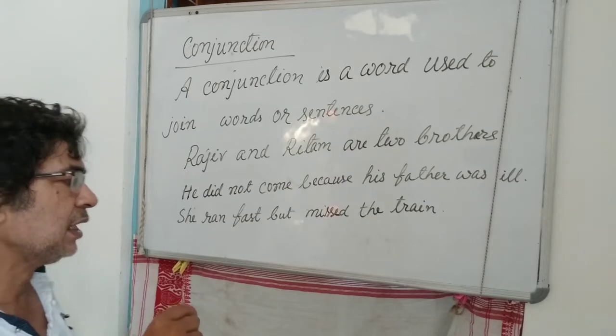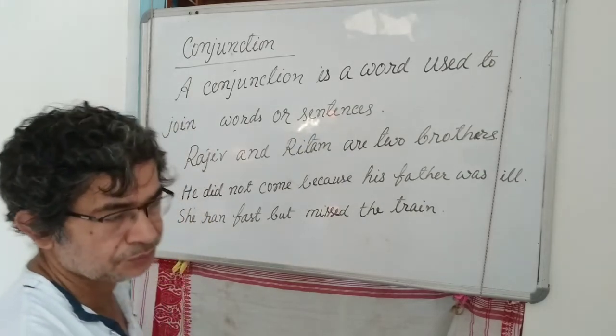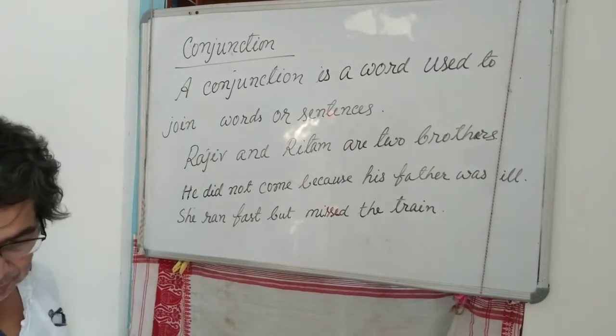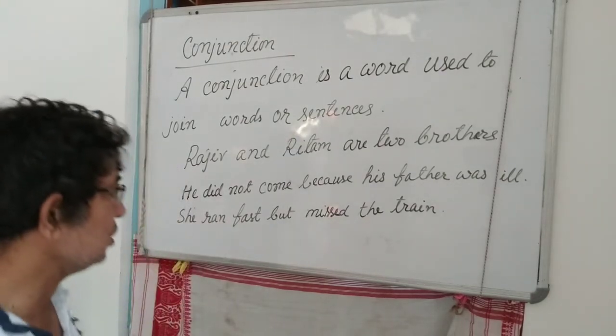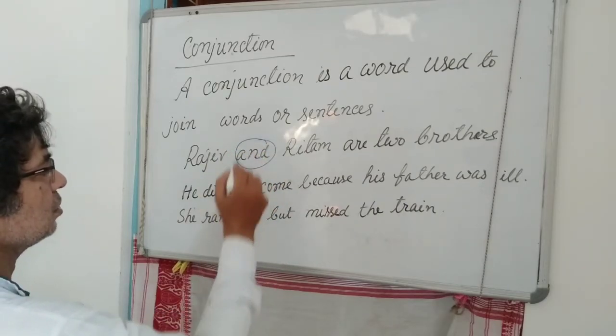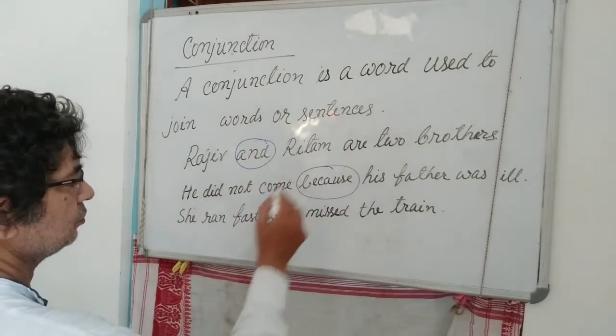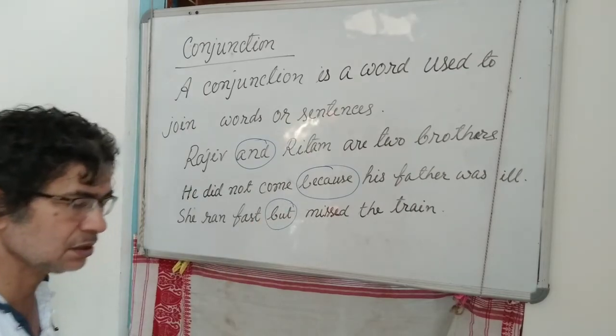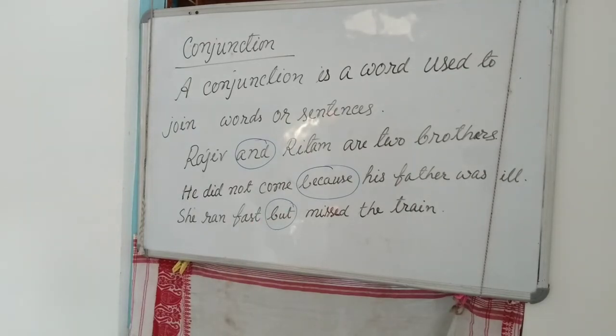Sorry, these are conjunctions here. So a conjunction joins two nouns, may also join a noun and pronoun, also sentences, one or two sentences.